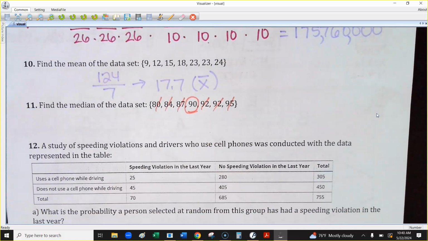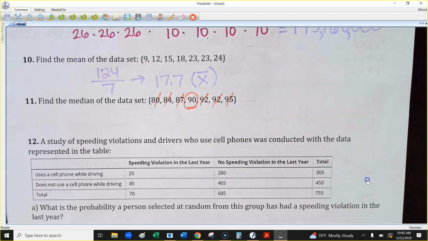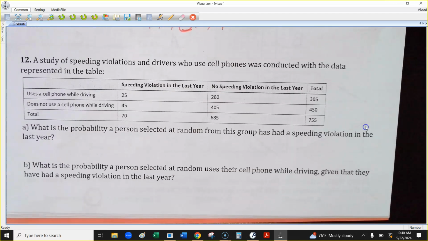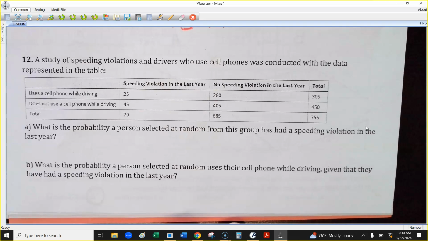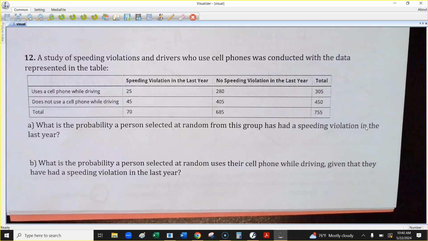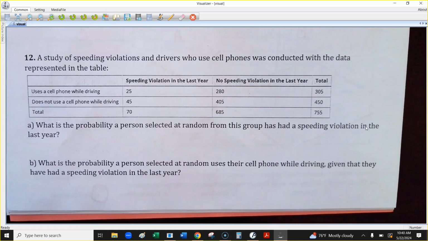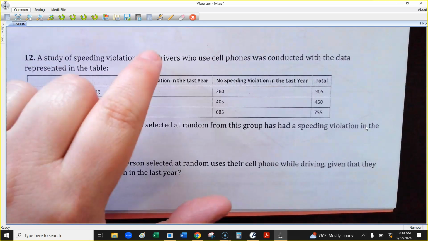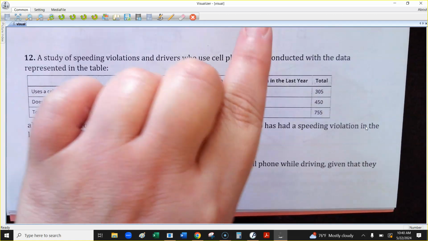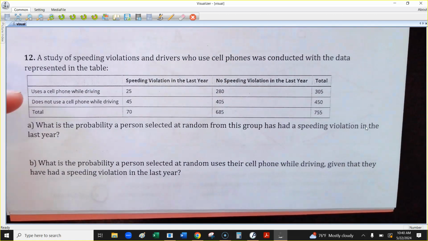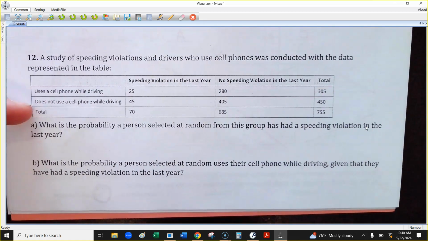And then these last 2 questions go with this table here. So it says a study of speeding violations and drivers who use cell phones was conducted with the data represented below. So you have a speeding violation in the last year, no speeding violation in the last year. Then you have using a cell phone and not using a cell phone while they're driving.